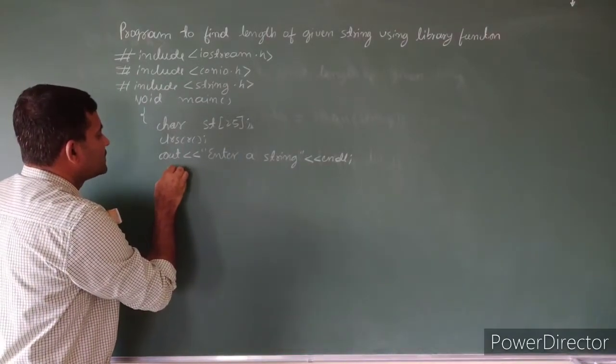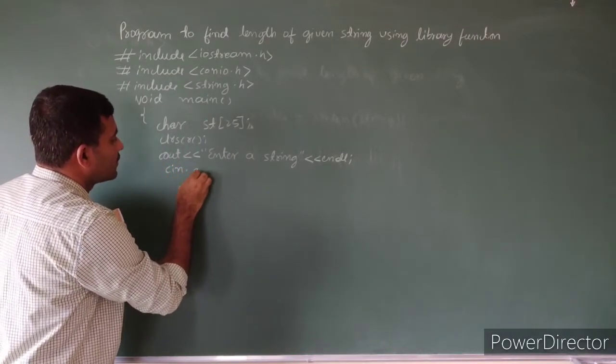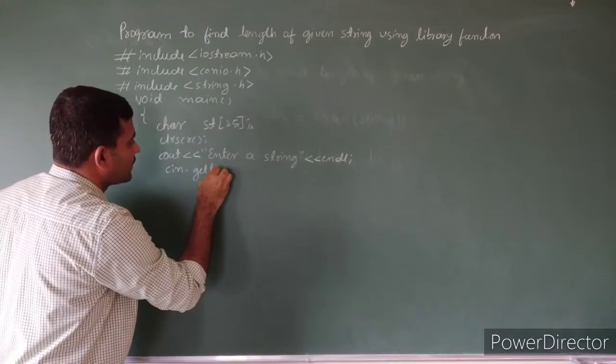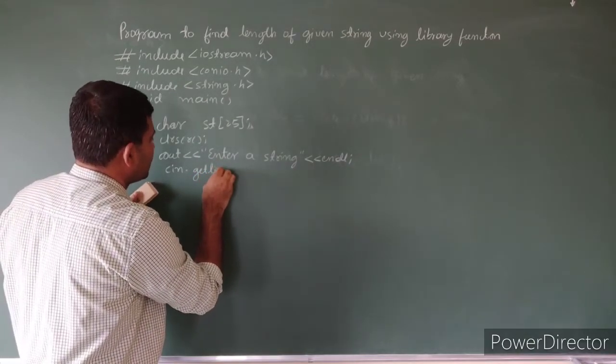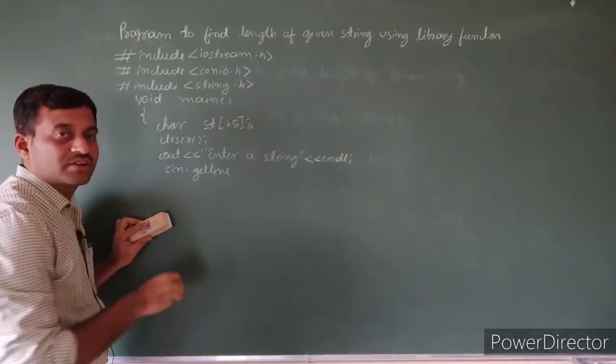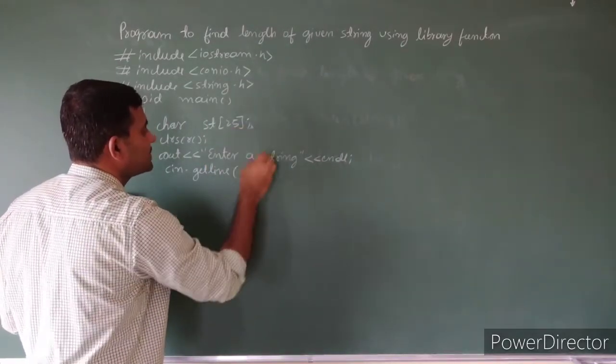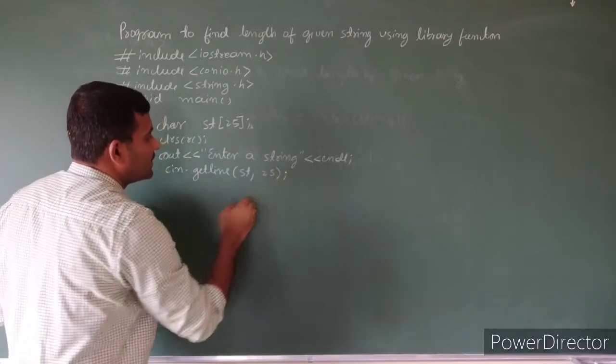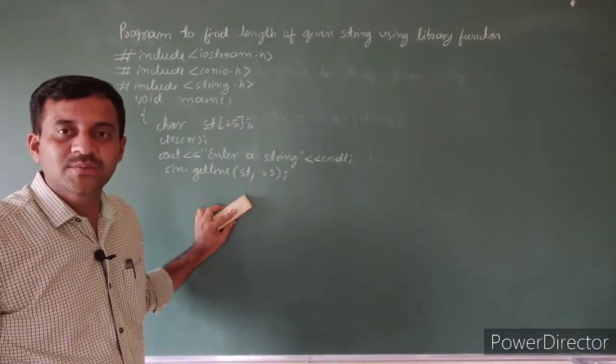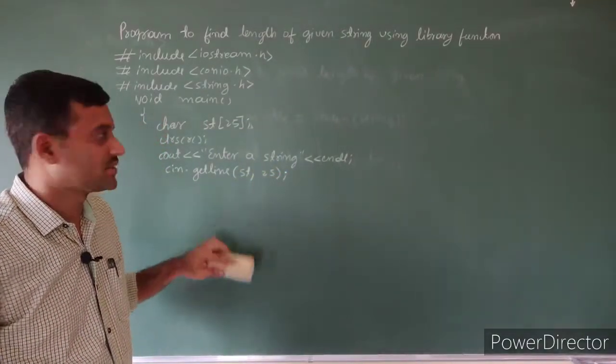Then to read, cin dot getline. Cin dot getline of the name of the string st, then the size 25. The variable st reads a maximum of 25 characters.